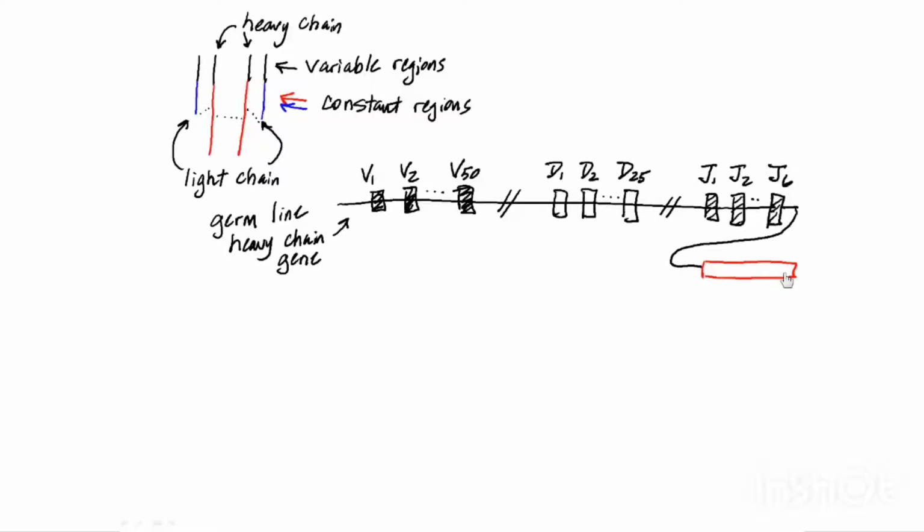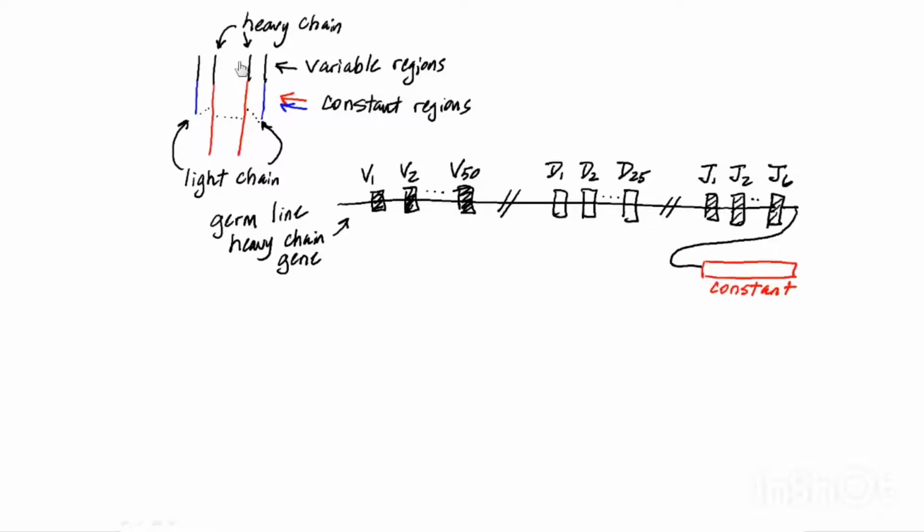So this is the constant region for the heavy chain. And notice that I've drawn the V, the D, and the J all in black because they're going to end up encoding the variable region of the heavy chain, which is up here.